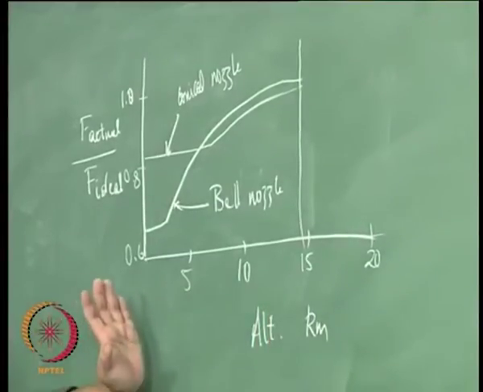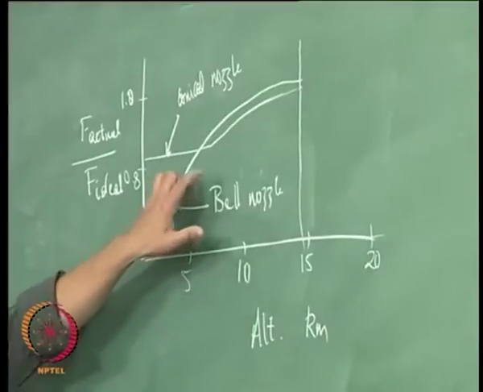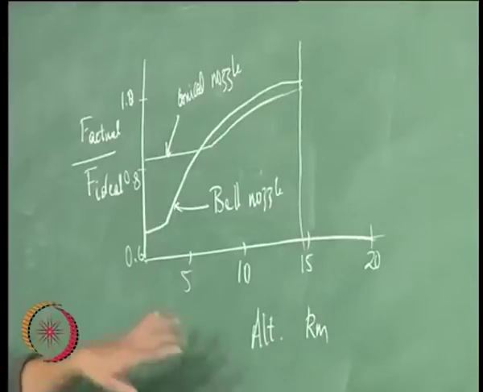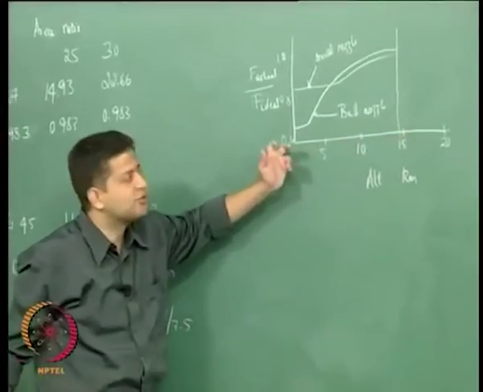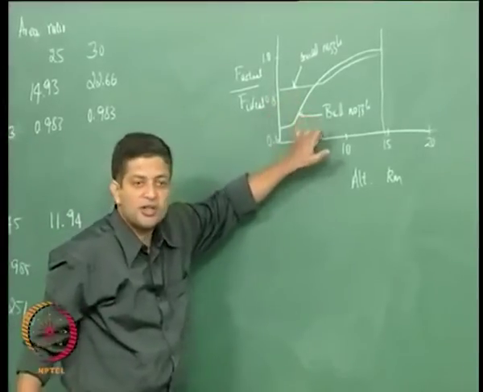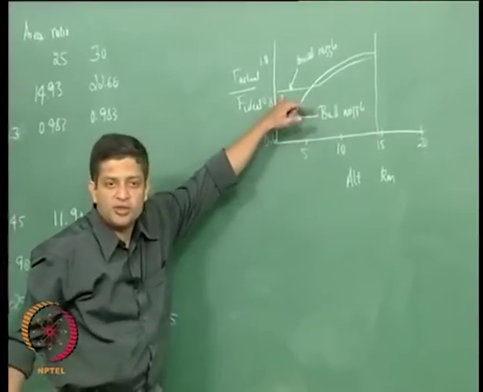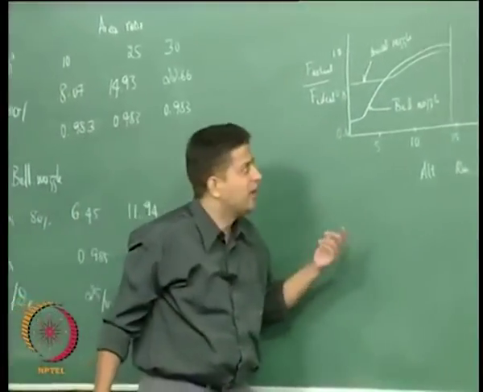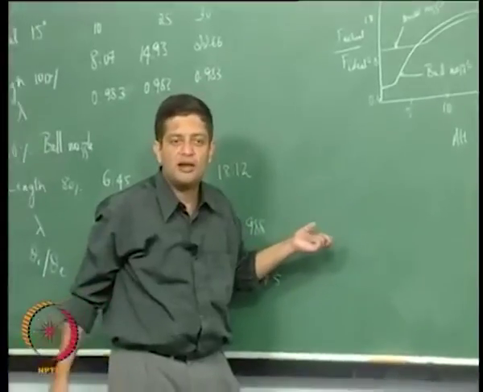Off design condition is poor for the bell nozzle at lower altitudes. If it is designed for a higher altitude and if you use it at a lower altitude, the off design condition for a bell nozzle is poor compared to a conical nozzle. So, which is why we would typically not want to use a bell nozzle at lower altitudes.